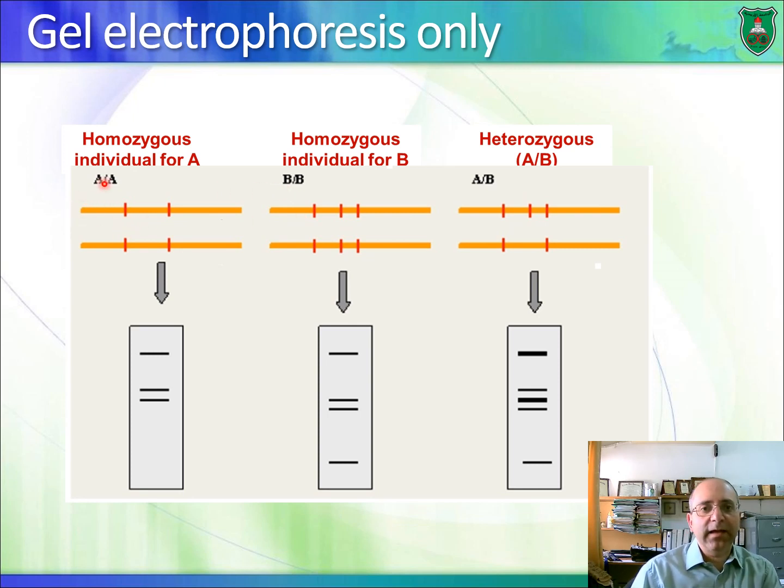So for allele A, let's look at this individual right here. This individual is homozygous for allele A.